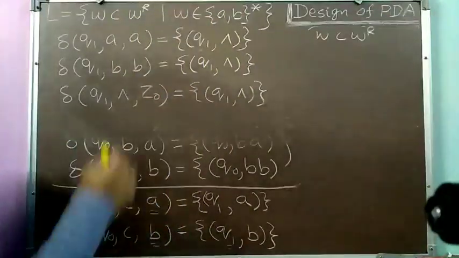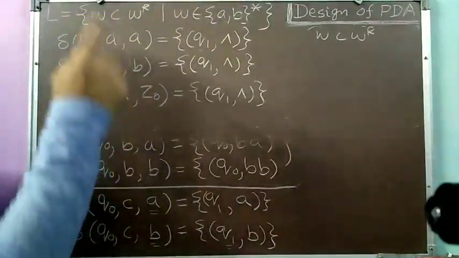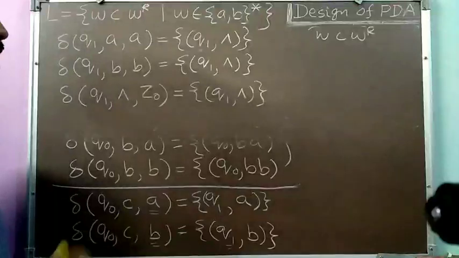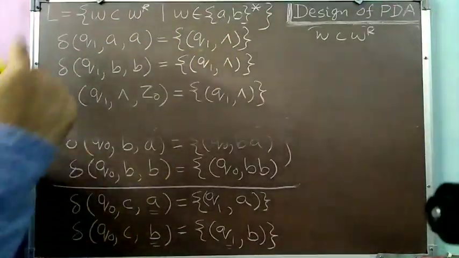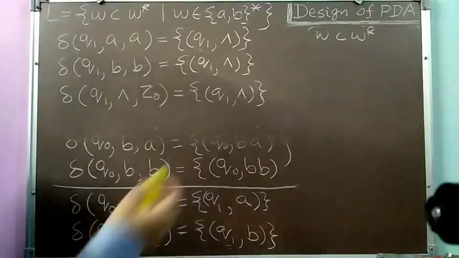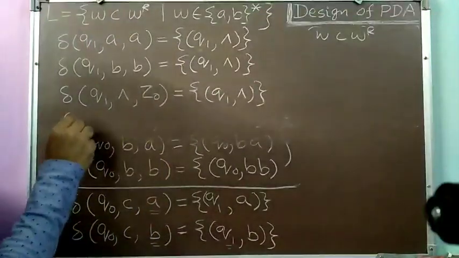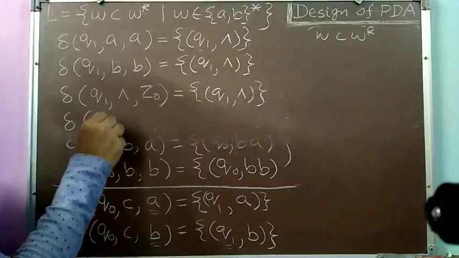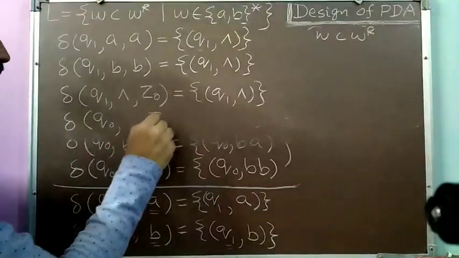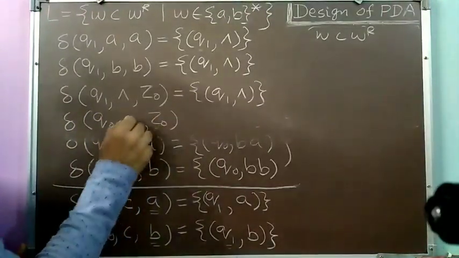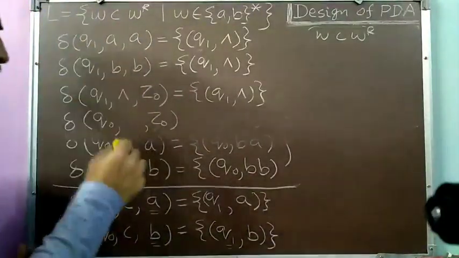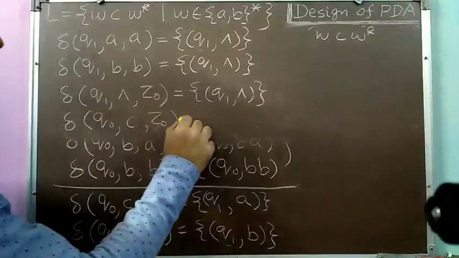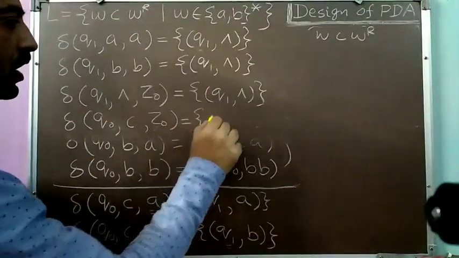So W may be null as well. If W is null, then in the initial situation Q0, Z0, we will directly get C here. So we have to write one transition corresponding to this situation as well. Now I am adding that transition: delta of Q0, Z0. That is the initial situation, and in this situation we are not getting A or B, I am directly getting the C. So when I get C, what action do I have to take?